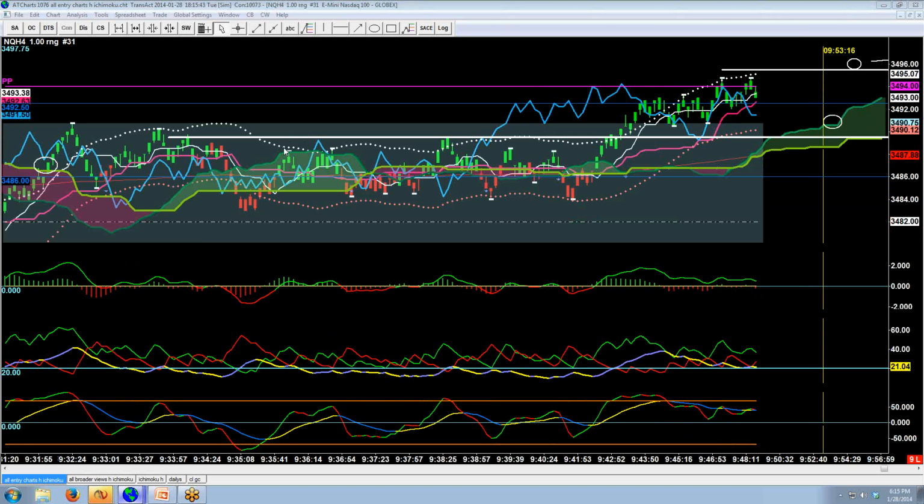Okay, so back to this morning, you can see that we were going sideways, consolidating. The shaded area is the 5-minute high and low area, but where this white line is, you can see that we're consolidating in that area, hanging there for a while, and this is the line that I drew.